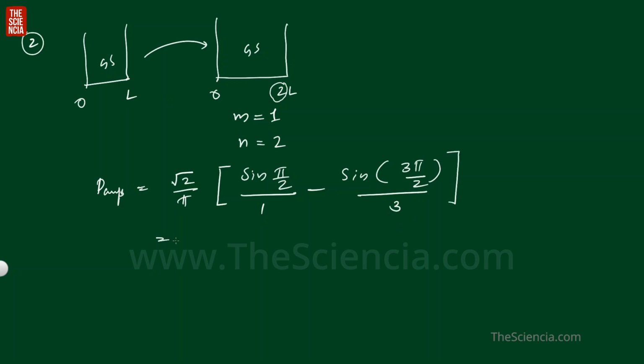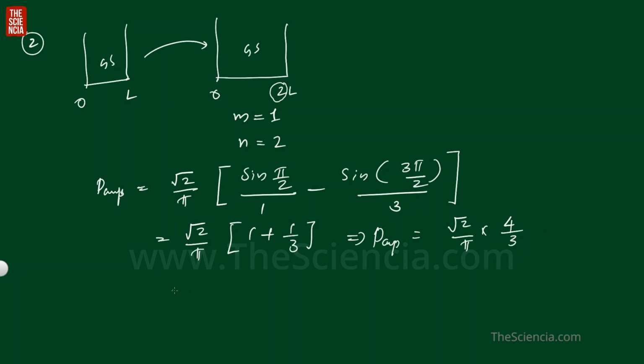So we get this is equal to root 2 by pi into sine pi by 2 is 1, minus sine 3 pi by 2 is minus 1, that is plus 1 by 3. So the probability amplitude is equal to root 2 by pi into 4 by 3.